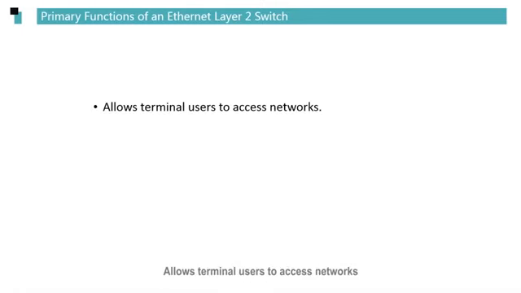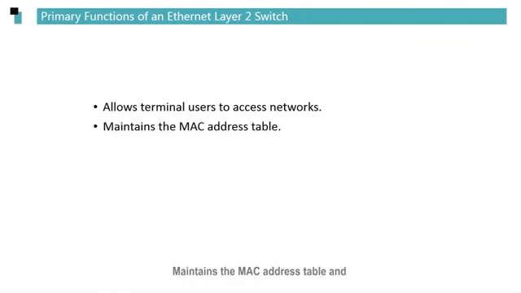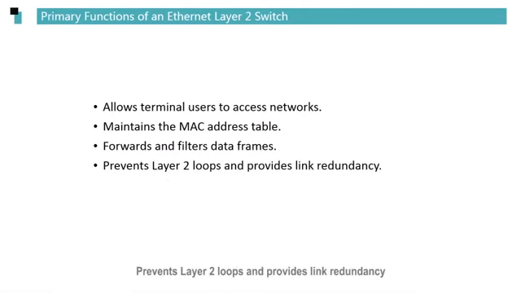A Layer 2 switch provides the following basic functions: allows terminal users to access networks, maintains the MAC address table and performs addressing based on MAC address, forwards and filters data frames, prevents Layer 2 loops and provides link redundancy.